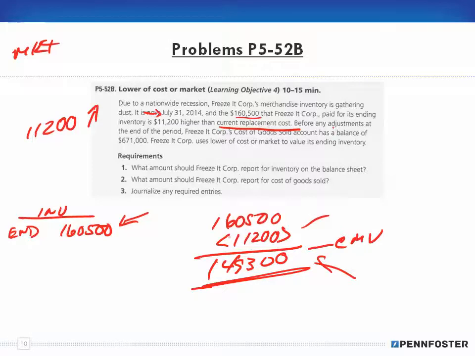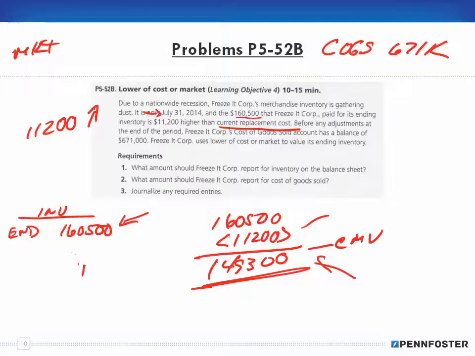Before any adjustments at the end of the period, Freezit Corp's cost of goods sold account has a balance of $671,000. Freezit Corp uses lower of cost or market for its ending inventory. All right, so the requirements. What amount should Freezit Corp report for inventory on the balance sheet?